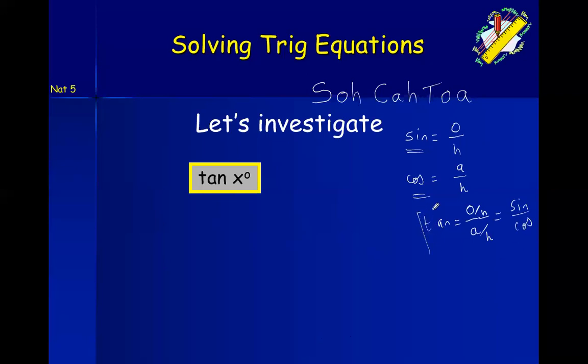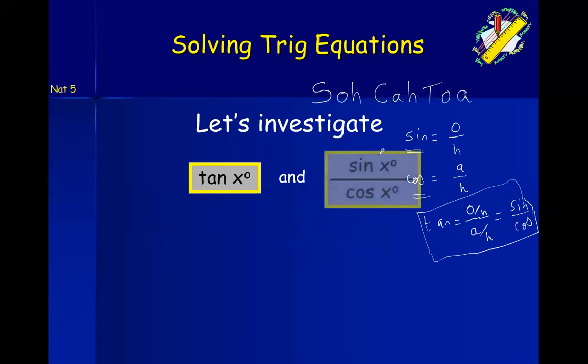That's your second one to learn by heart. Tan is just sine divided by cos. And you can figure this out by looking at SOHCAHTOA. Sine x divided by cos x.